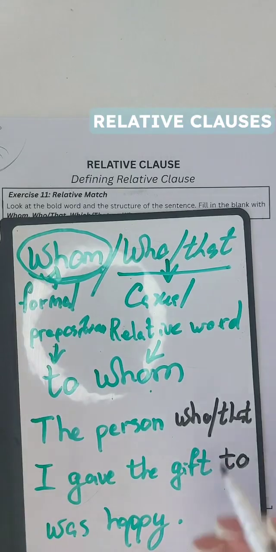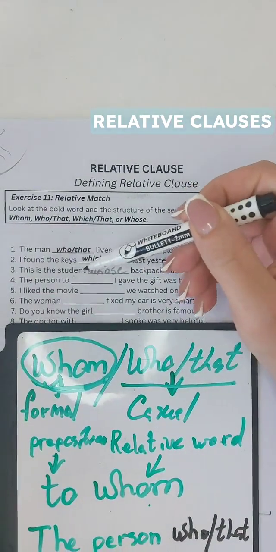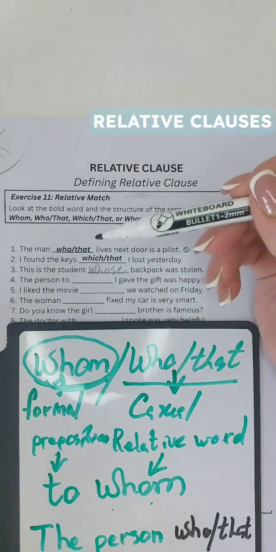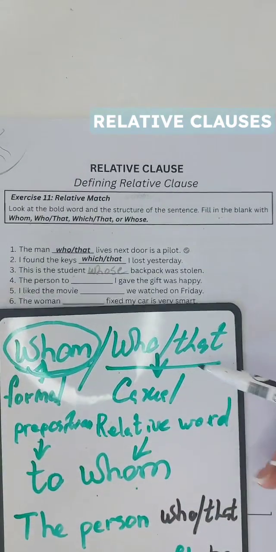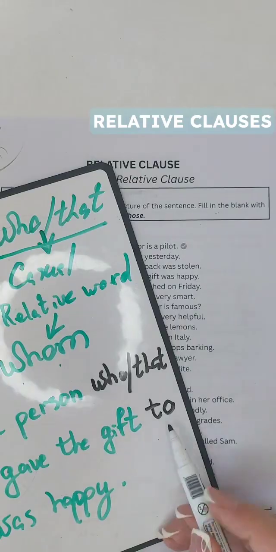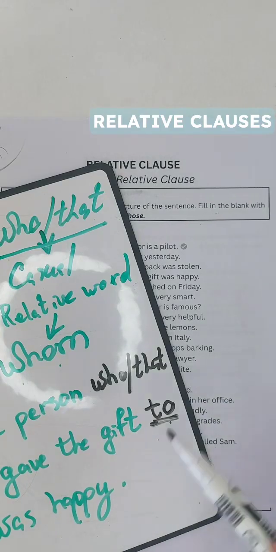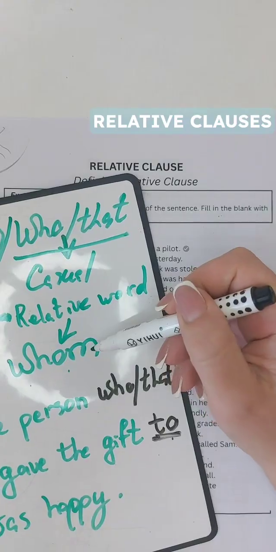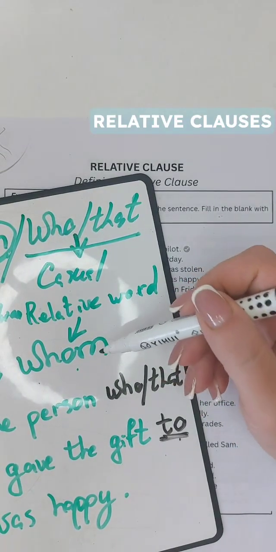So if we have a preposition at the beginning, we use whom. If you want to use who or that, you should place the preposition at the end. However, with whom, you can place the preposition wherever you want.